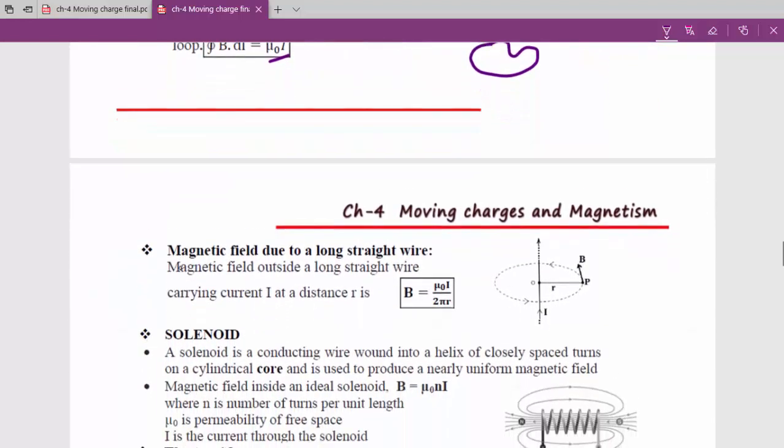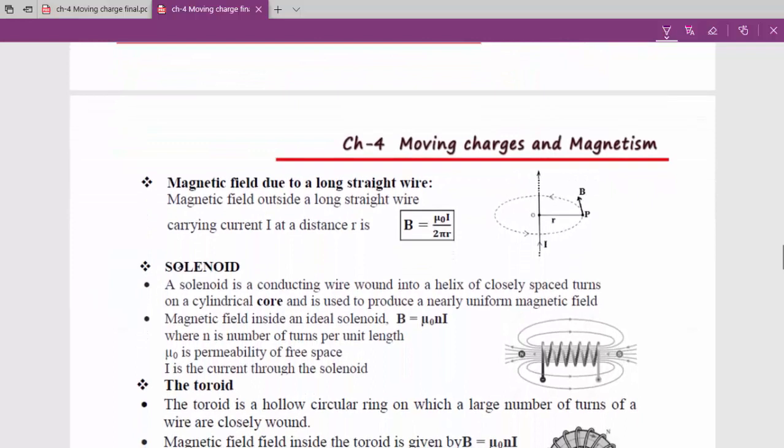Now I will go for one more formula, that is the magnetic field due to a long straight wire. Take a long straight wire, and from this long straight wire the magnetic field is produced at this point. The magnetic field formula is B equal to mu naught by 2 pi I by r.